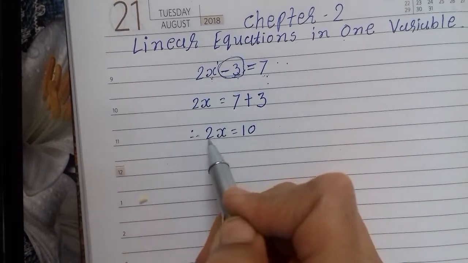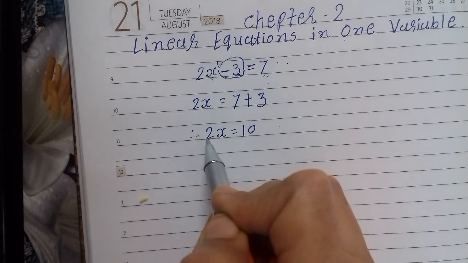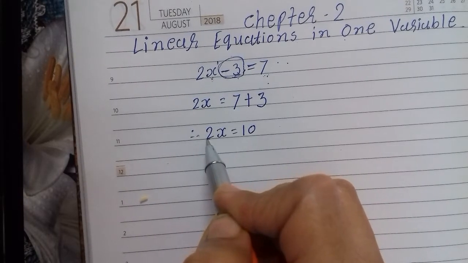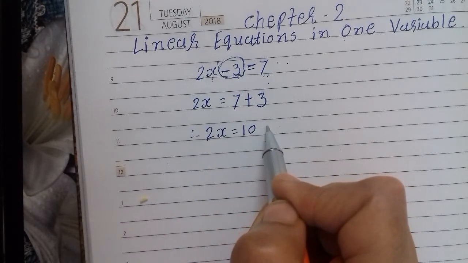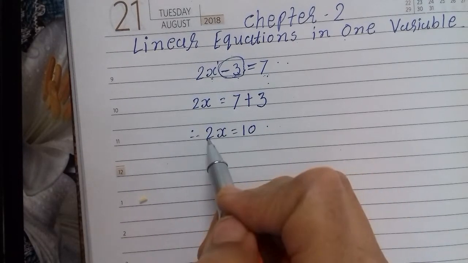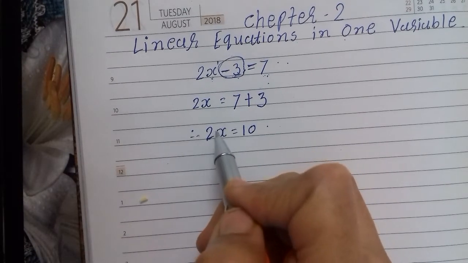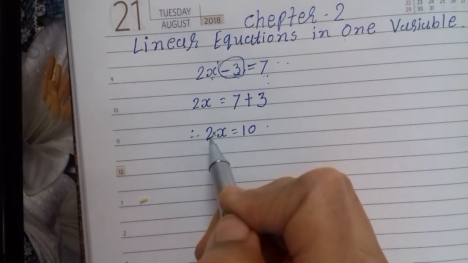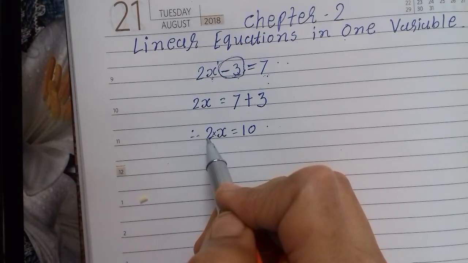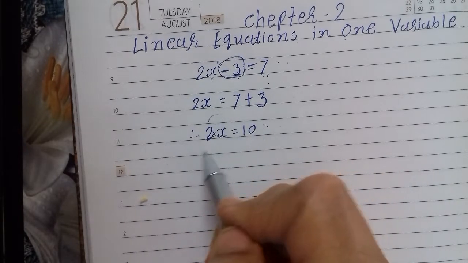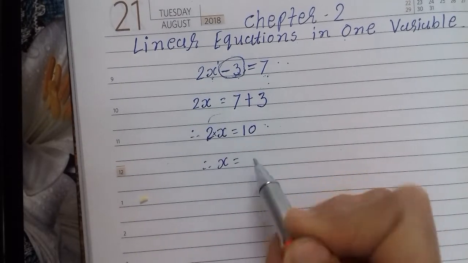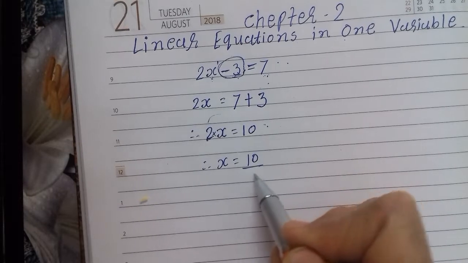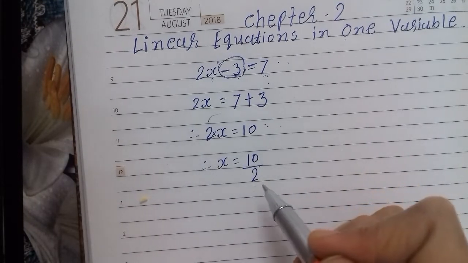Now we will transfer this 2 to the right hand side. Here 2 is in multiplication with x. So when we transfer this 2 to the right hand side, we put it in division.